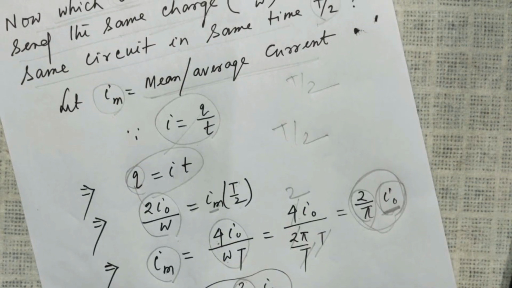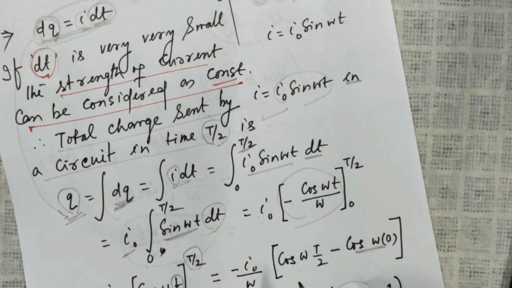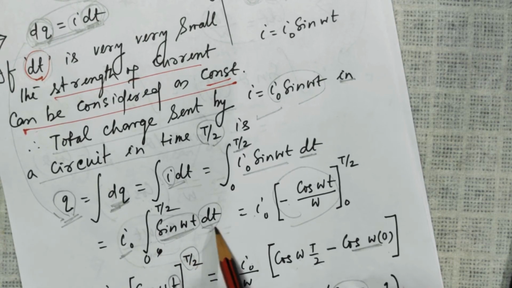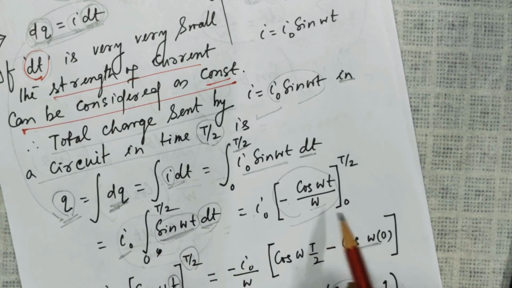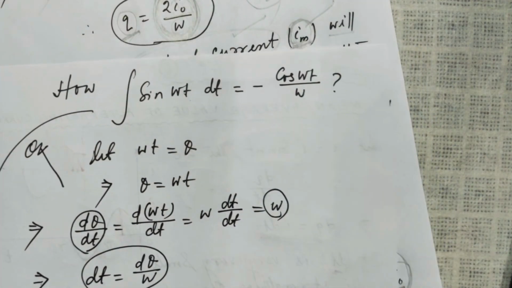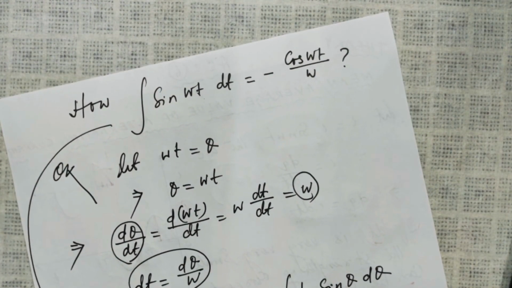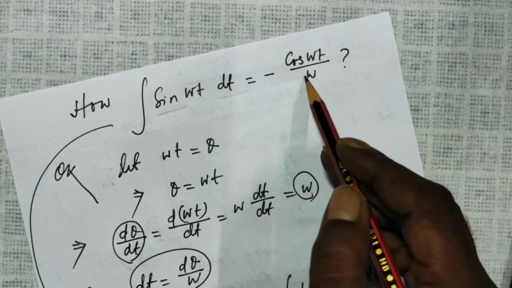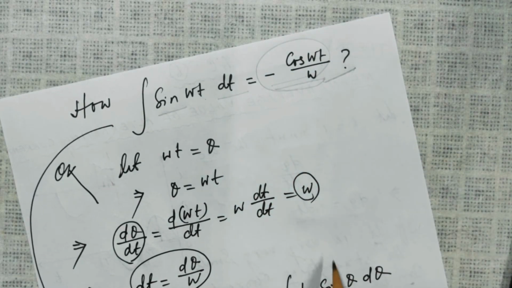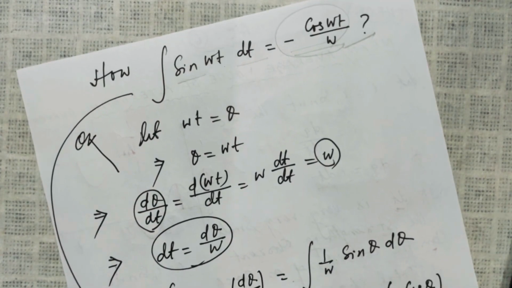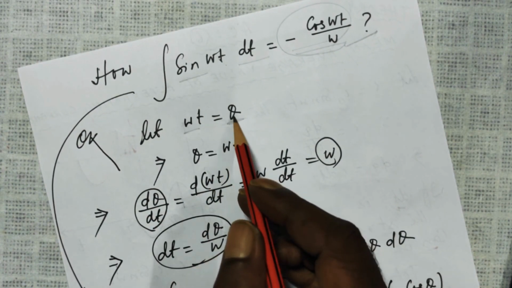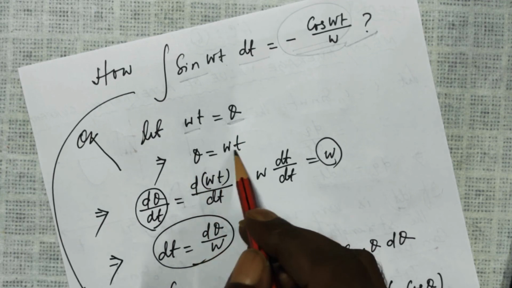Now you might have wondered how the integration of sine omega t with respect to dt is minus cos omega t by omega. Let me explain. How is it so? Very simple. Let omega t is equal to theta, so theta is equal to omega t.